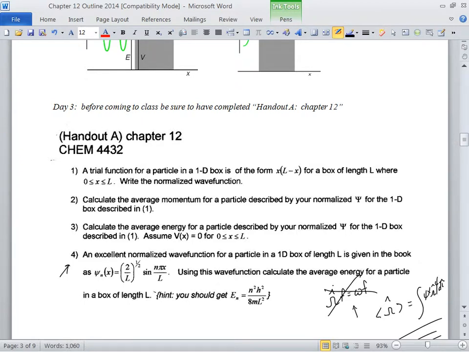Let's see if we can get started on these. We already kind of got started on number 4, right? We told you how to start number 4, right here. How would you start number 1? And for your psi, you're going to put in what, Mel?